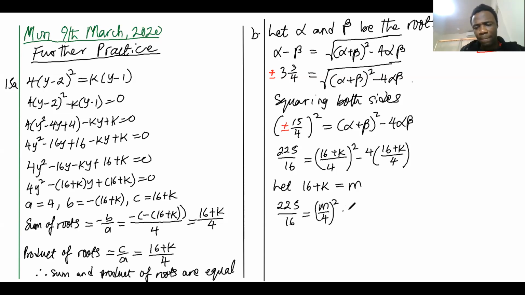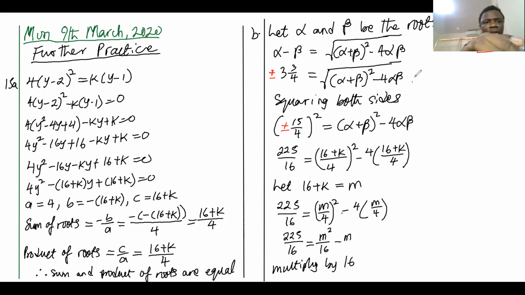This is what I'm saying. Minus 4 times m over 4. Okay, so this is going to be 225 over 16 equals m squared over 16 minus m. Then we can multiply by 16.